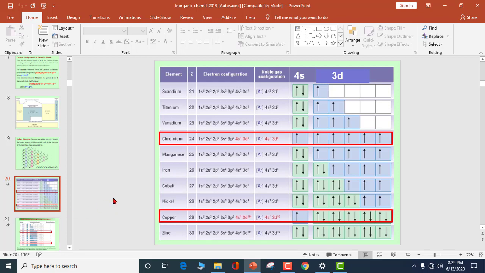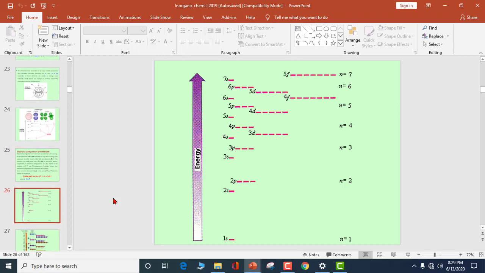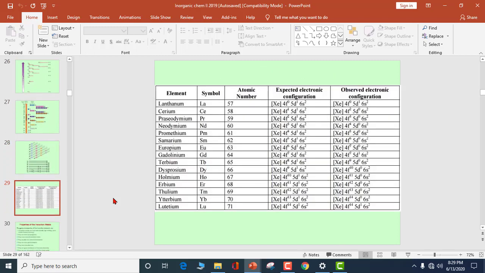There are also some violations in the electronic configuration of the f block elements. For example, if you see here, in the last cases of terbium and lutetium, the f orbital is complete. And there are more violations here, because there are more electrons and more orbitals, so there may be more electronic configurations. The expected electronic configuration means the configuration according to the above principle, but the observed electronic configuration means the electrons are shifted from the nearby orbital to the other orbital.